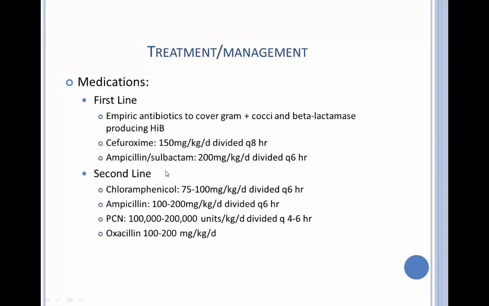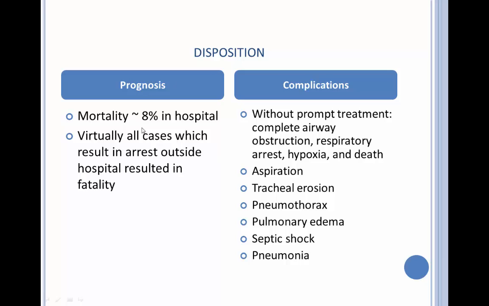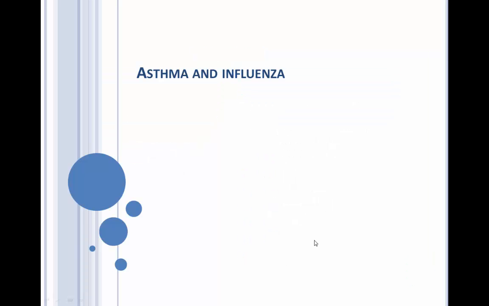And second line, you could use chloramphenicol and even other types of penicillin. Mortality is 8%. So even though it looks like a low number, it's very high. So you have to be highly suspicious of it. Complications you could see range from respiratory failure and arrest to pneumothorax and sepsis and shock.